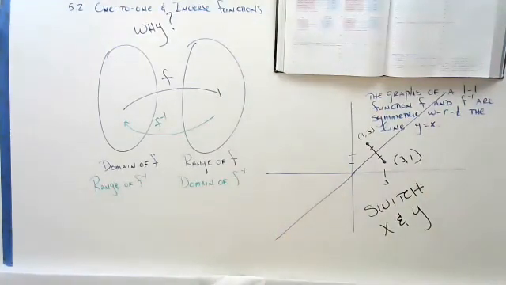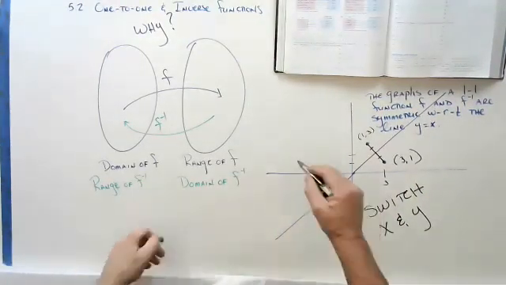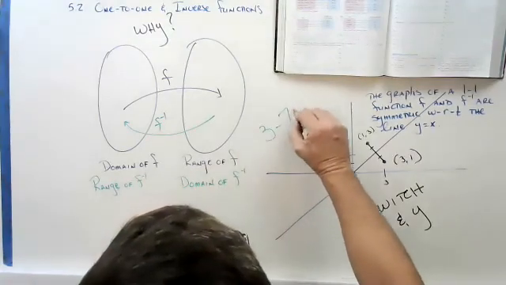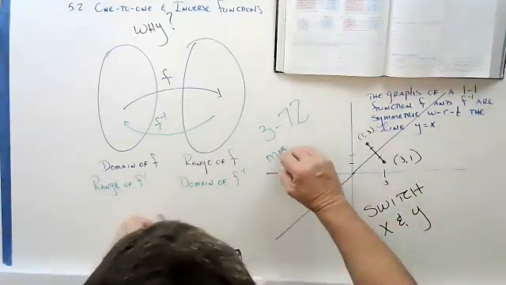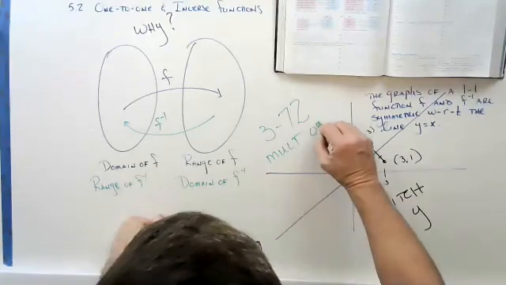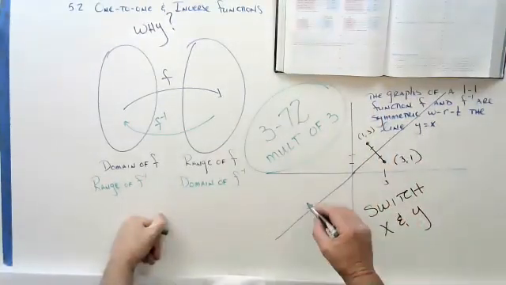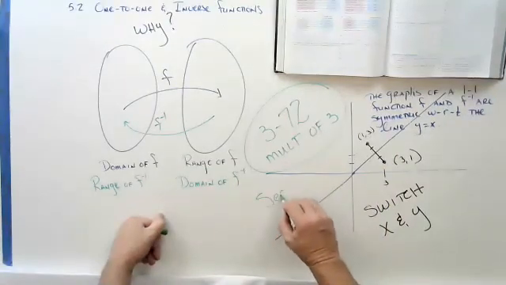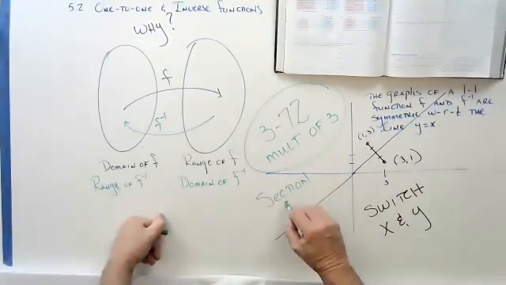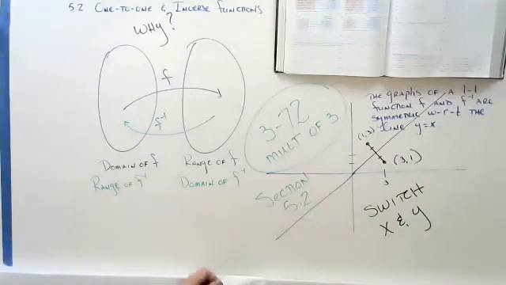We're going to do 3 through 72, multiples of 3. All right, so it's section 5.2. But we just need multiples of 3. We don't need to do all the odds. I mean, that's way too many problems.